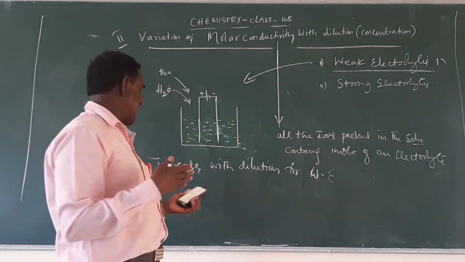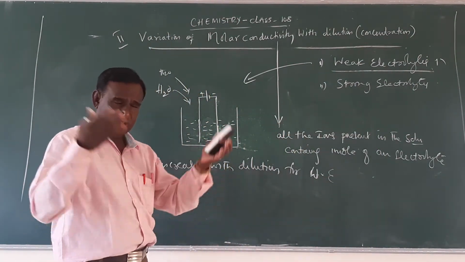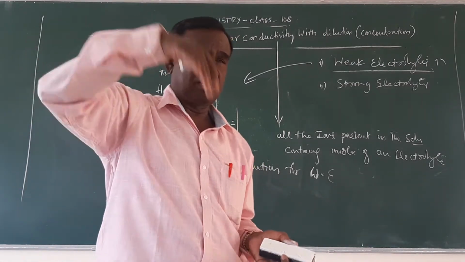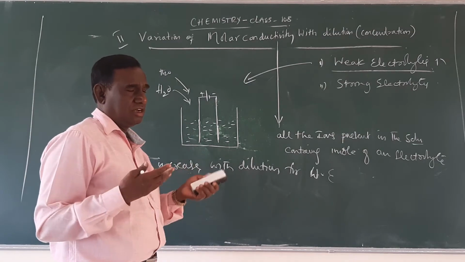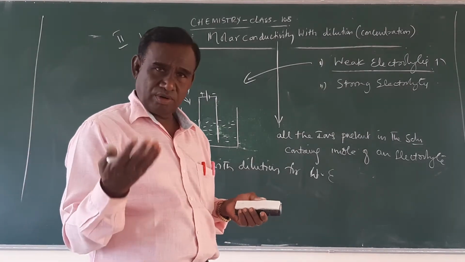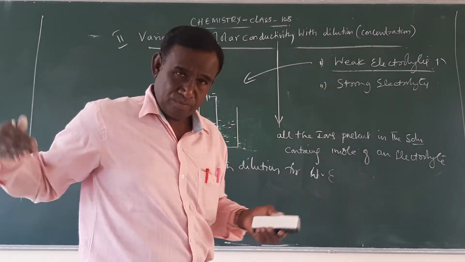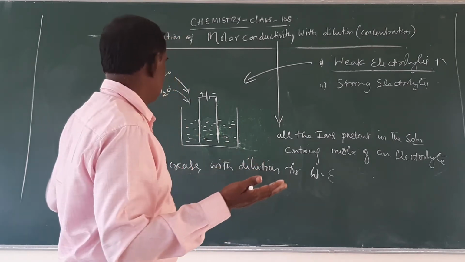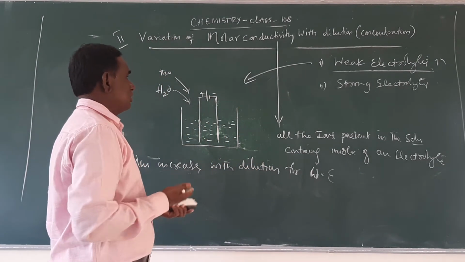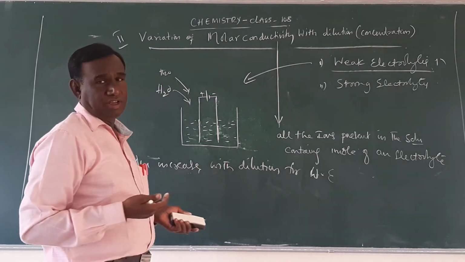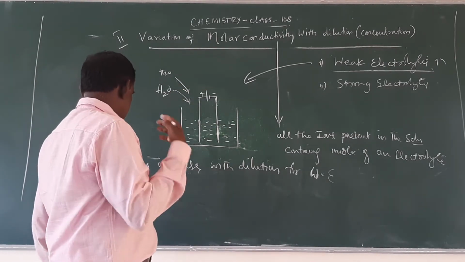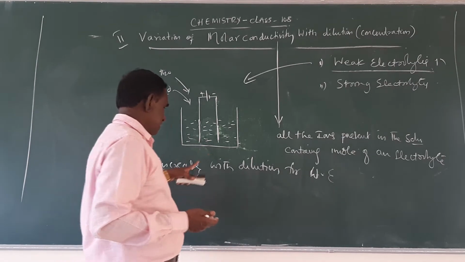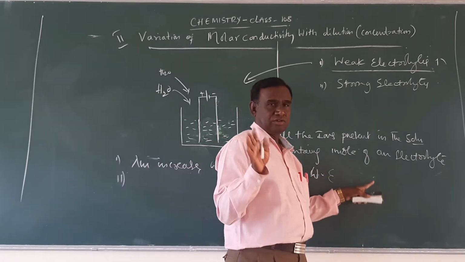So when water is added more and more, the weak electrolyte dissociates more and more, giving more ions, whose mobility is more. Therefore, weak electrolyte solutions increase the molar conductivity by dilution, by adding water. So lambda m, or molar conductivity, increases with dilution for weak electrolytes.